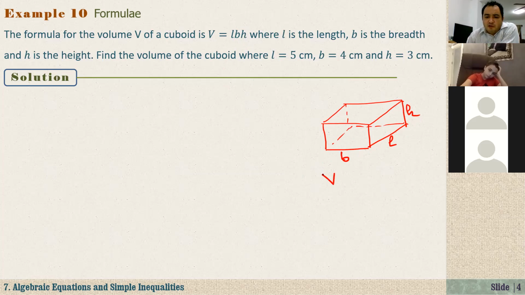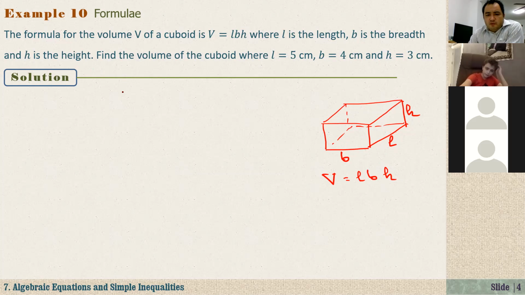And how do you find the volume of this? It is base area times height. As you see here, the base is a rectangle. It is B times L. The height is H. And that's why the volume of this one is L times B times H, where L is the length, B is the breadth, and H is the height.